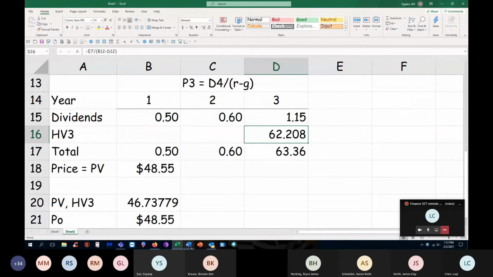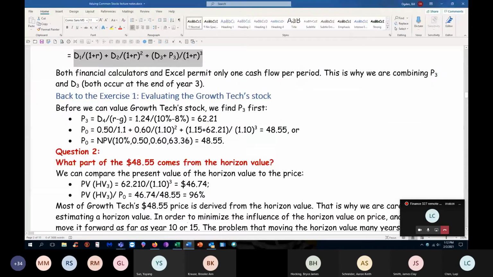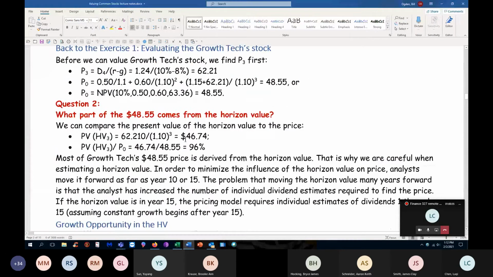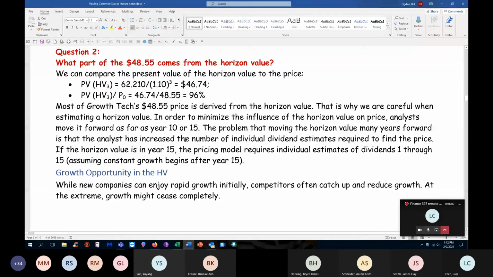Well, if we go back to the Word document, I kind of explained that a little bit. Every so often, I get to teach the corporate valuation class, and in there, we do horizon values just like we're doing here. Not quite the same one, but we do horizon values. But what we do is we push them forward out to either year 10 or 15.